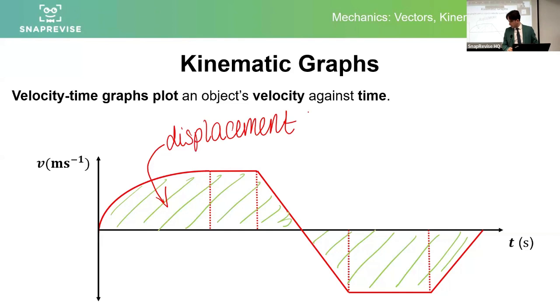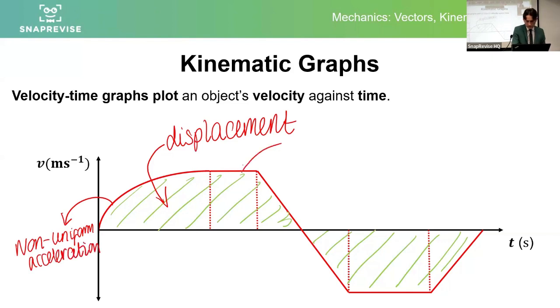Okay. So at this stage of motion, we have non-uniform acceleration. So this is where you would use calculus. It's not a fixed number. Here, for this chunk of the graph, this doesn't mean it's stationary. Because it's a velocity time graph, this actually represents that the velocity is constant.